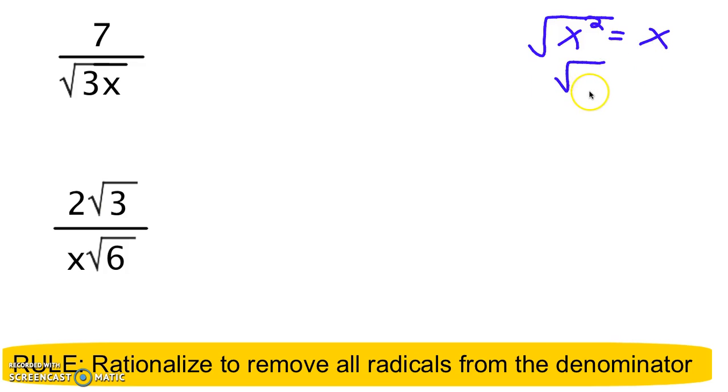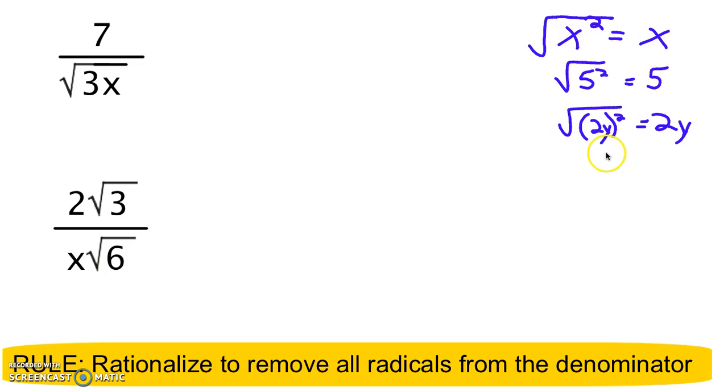So the square root of x squared is x. The square root of 5 squared is 5. The square root of the quantity 2y squared is just 2y. So as long as the same thing is being squared and square rooted, we end up with just what it was happening to.